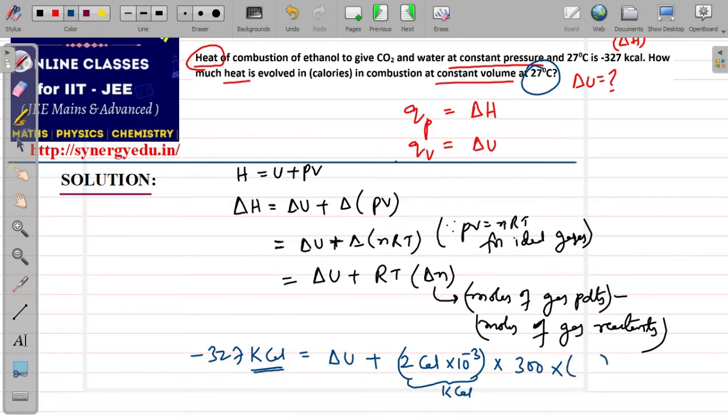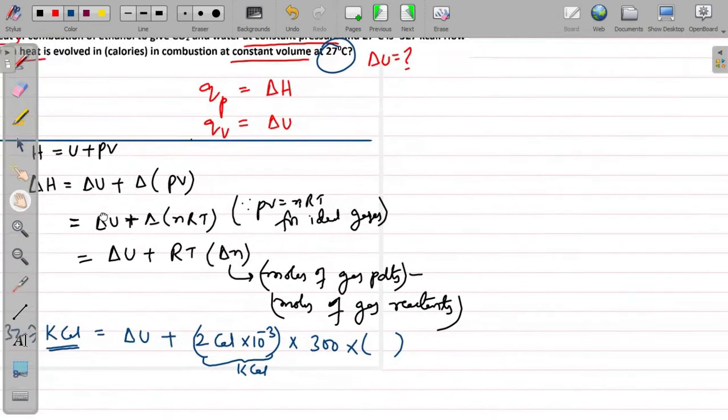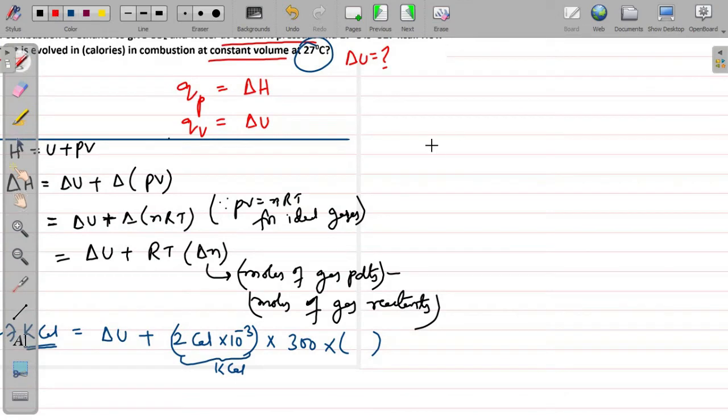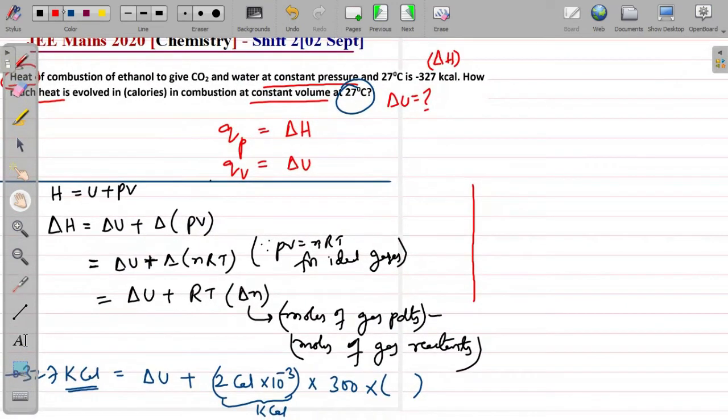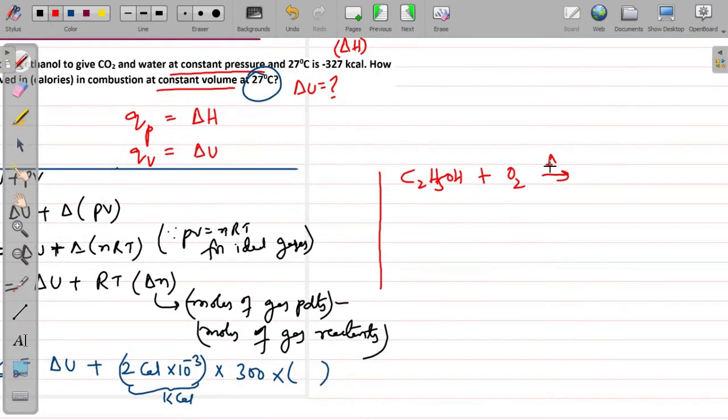So in order to substitute, first we will write the equation. So what is the equation? They are saying ethanol. What is the formula of ethanol? C2H5OH plus O2. If you heat it, you will get CO2 and water. Now the reaction is happening at 27 degrees centigrade.